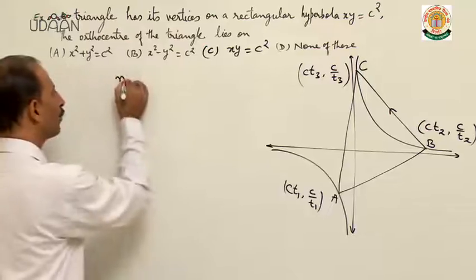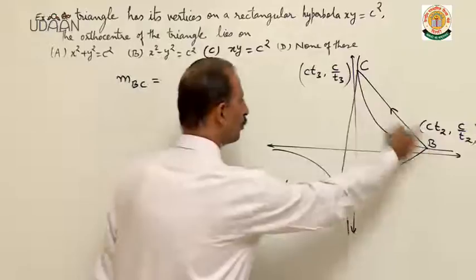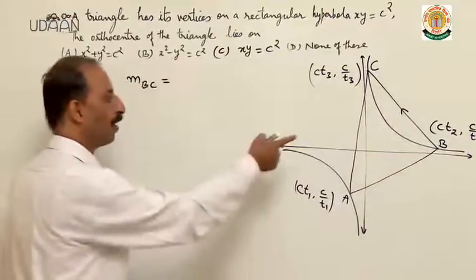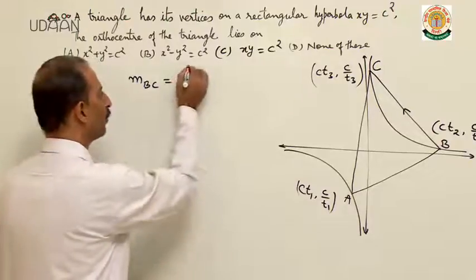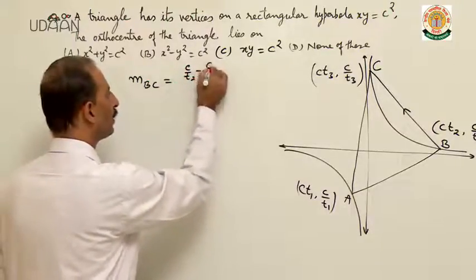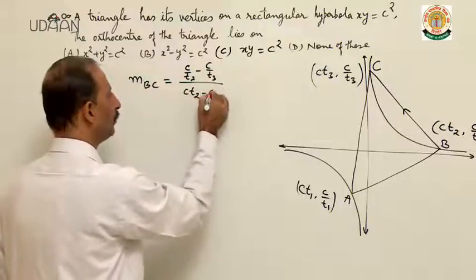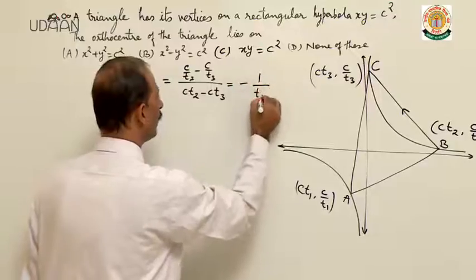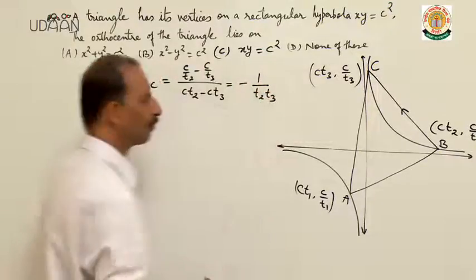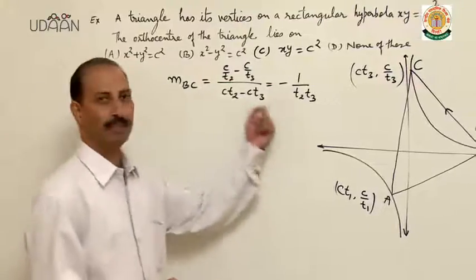How will you get the slope of side BC? You have to use the two given points, y2 minus y1 upon x2 minus x1. So c upon t2 minus c upon t3 divided by c t2 minus c t3. Simplify, you will get minus 1 upon t2 t3. This is the slope of BC.